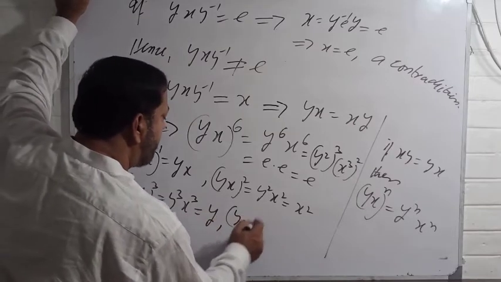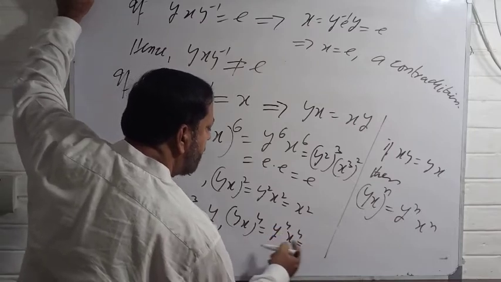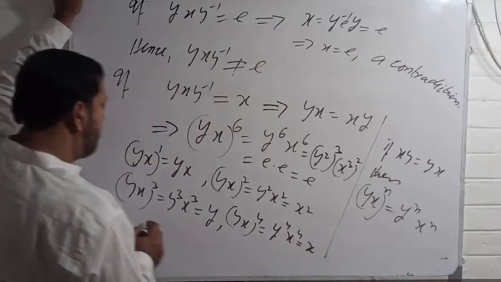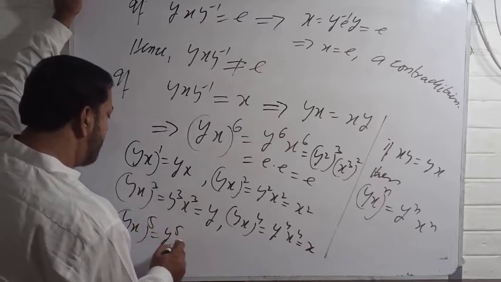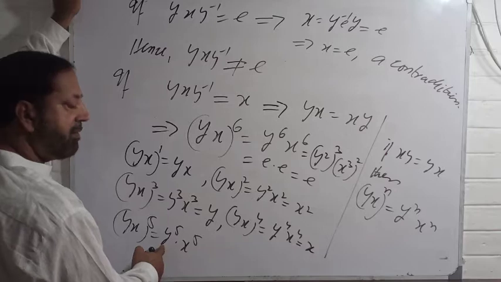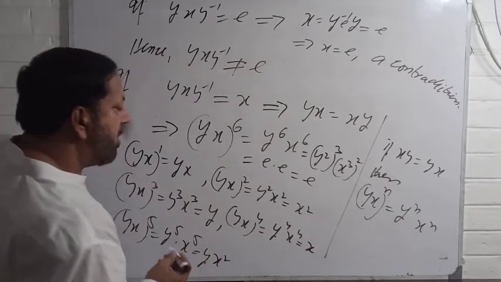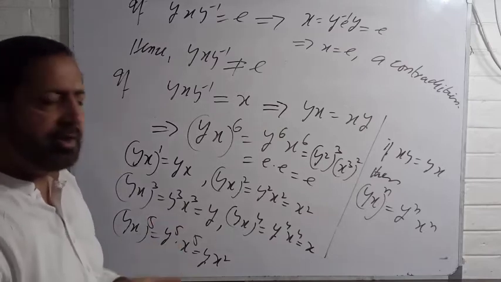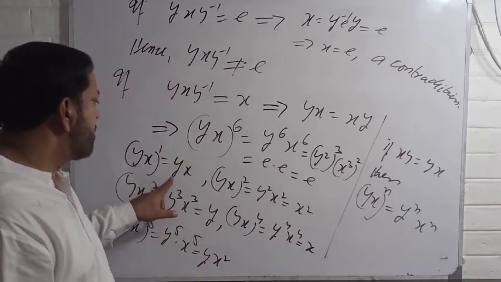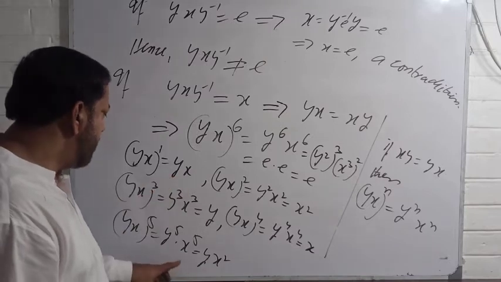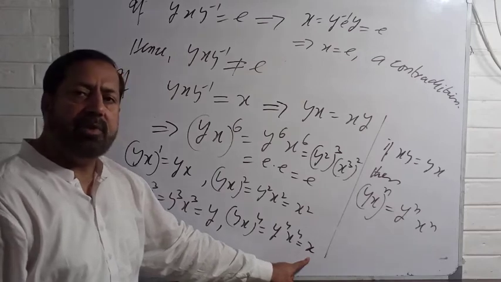And (yx) power 4 is y4 x4, this is x, and (yx) power 5 is y5 x5, y5 is y and x5 is x square. So look at the elements. These are the 6 elements. One is yx, second is, you count here, e, x square, x. These are the 3 elements.